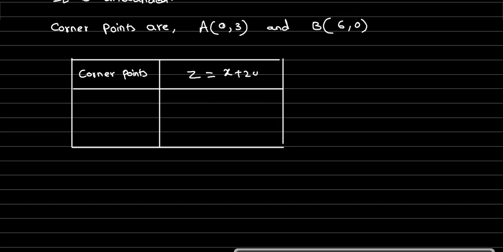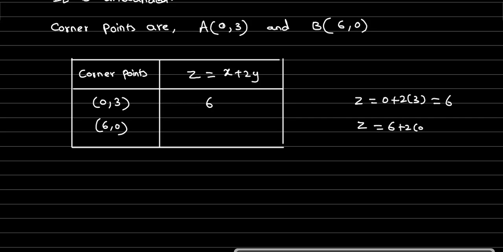So for 0 comma 3 and 6 comma 0, let's replace and get the z value. If x is 0, z equals 0 plus 2 times 3, which is 6. Same way for 6 comma 0, z equals 6 plus 2 times 0, equal to 6. So it's the same 6 at both points.